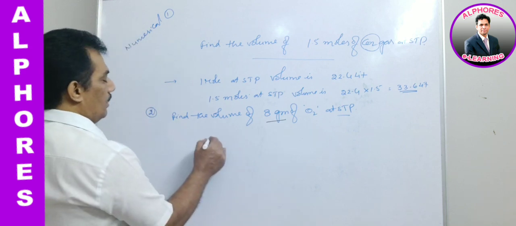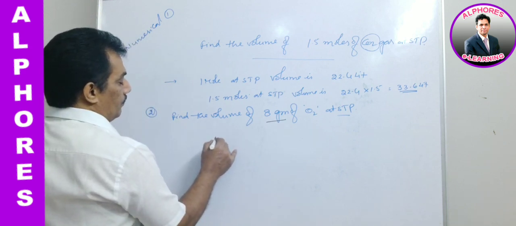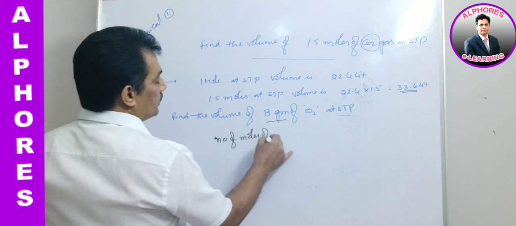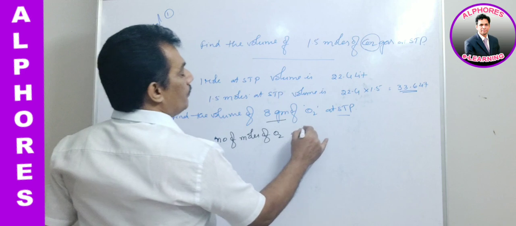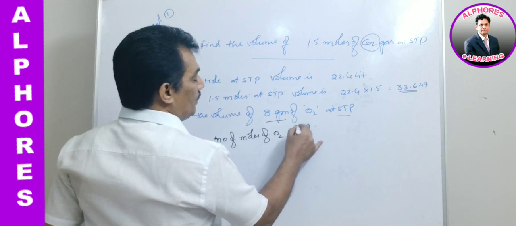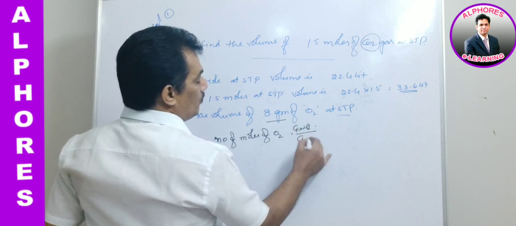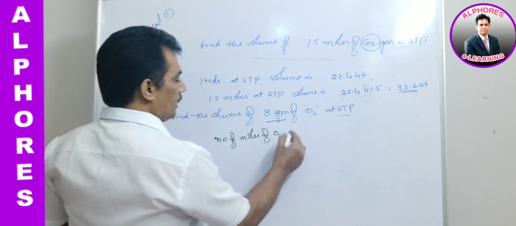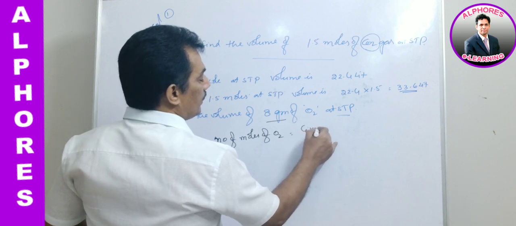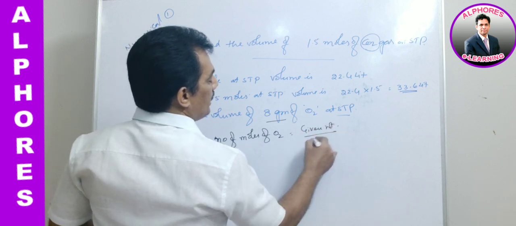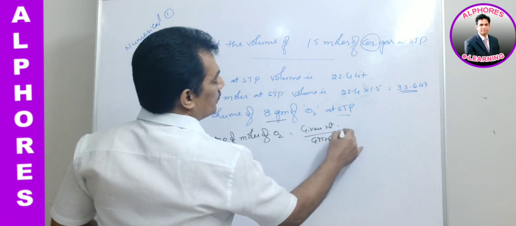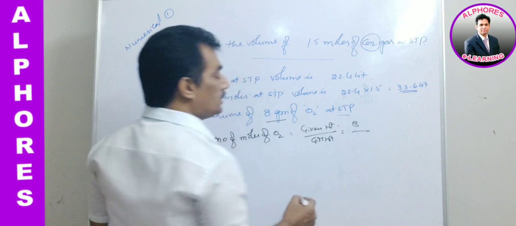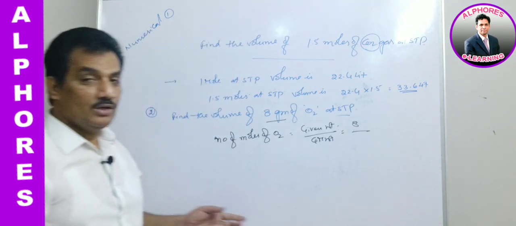And now, when weight is given, number of moles of oxygen is equal to given weight by gram molecular weight. Let me write that formula. What is given weight? 8. So 8 by, what is the gram molecular weight of oxygen? You should learn it.